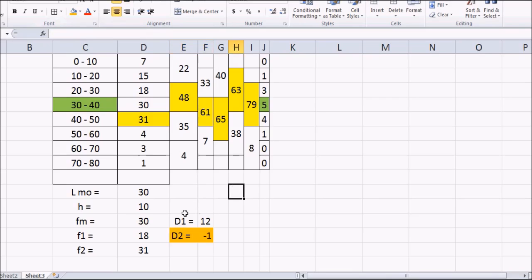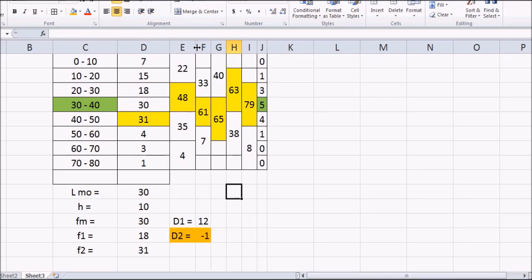So whenever any of the delta values is negative, we can't use the regular formula which we have. In this case we have another formula.